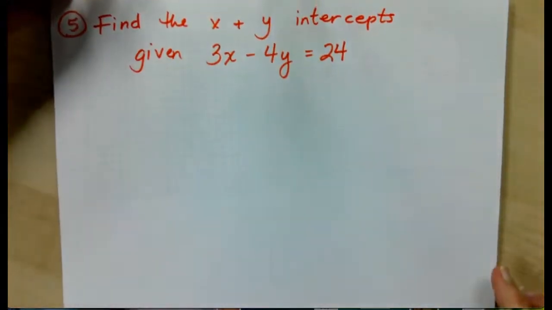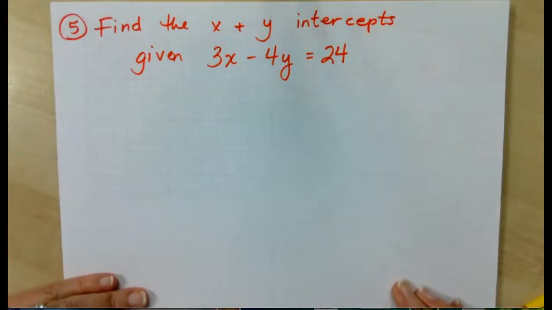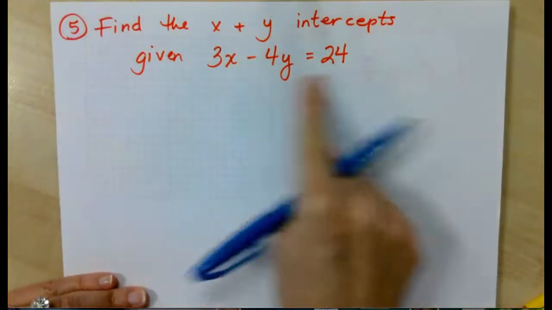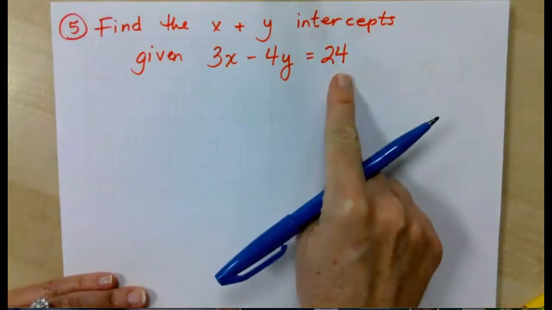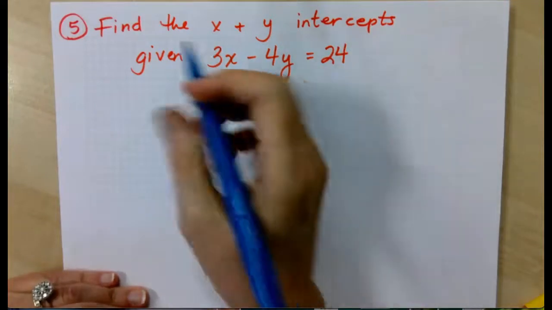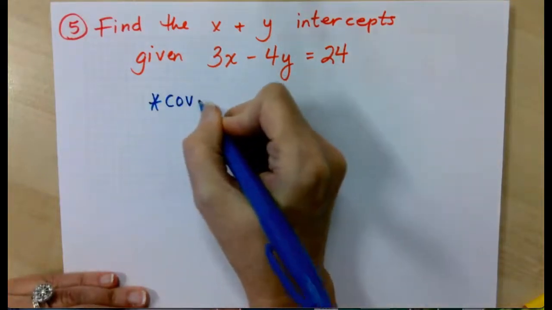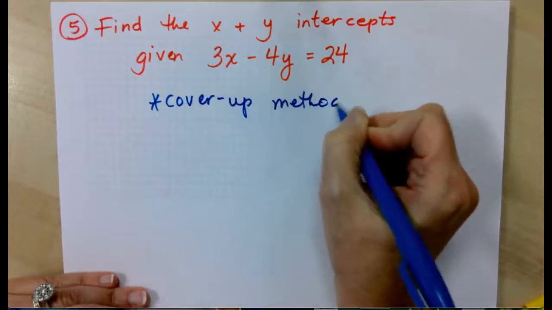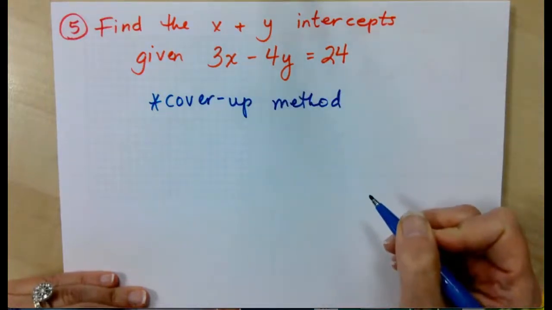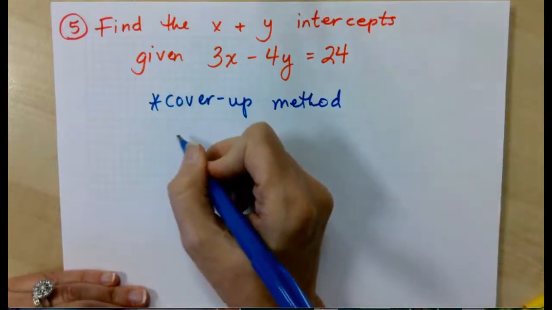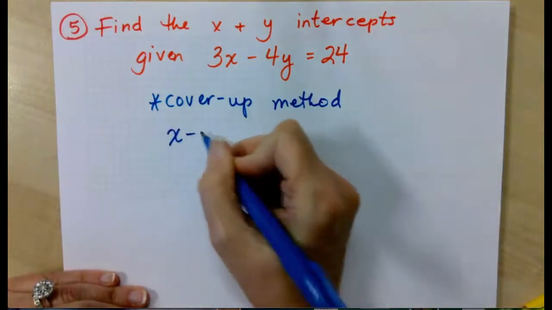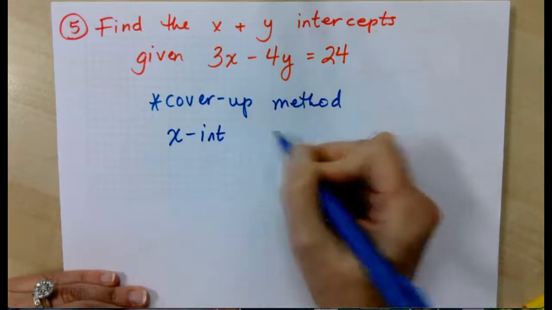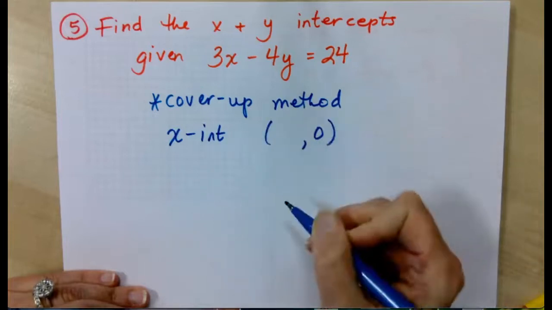Number 5. Find the x and y intercepts given 3x minus 4y equals 24. Use the cover-up method here. The cover-up method is a quick, easy way to help you find the intercepts. Remember, to find the x-intercept, we want y to be 0.